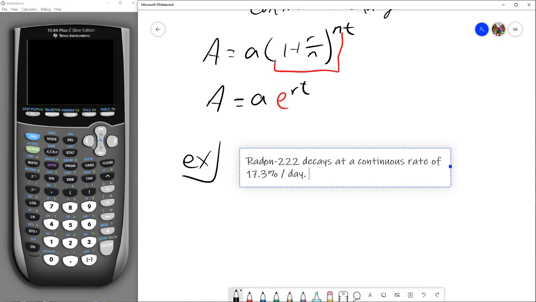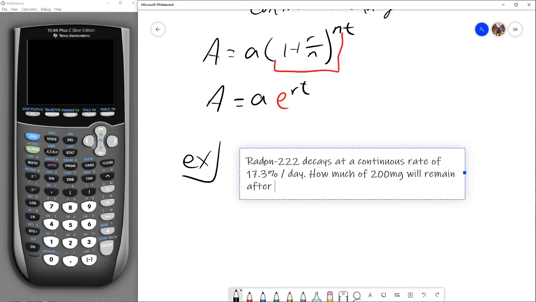Let's say we have 200 milligrams. How much of the 200 milligrams will remain after, how about 2 days?